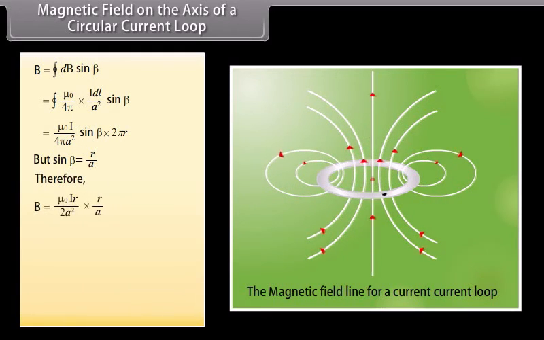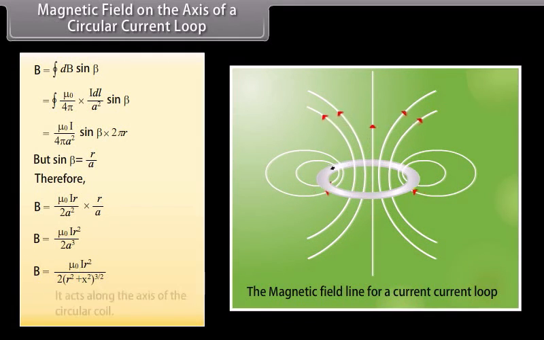Therefore, the total magnetic field at P is equal to mu naught I r square divided by 2a cube. We can also write this equation as mu naught I r square divided by 2 times r square plus x square within parentheses raised to the power 3 by 2. This magnetic field acts along the axis of the circular coil.